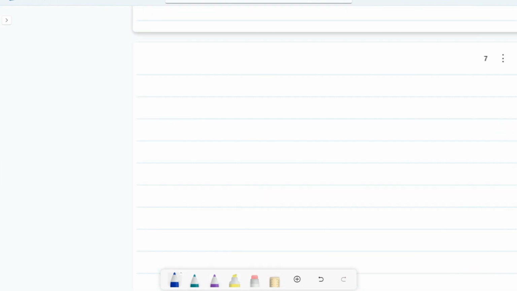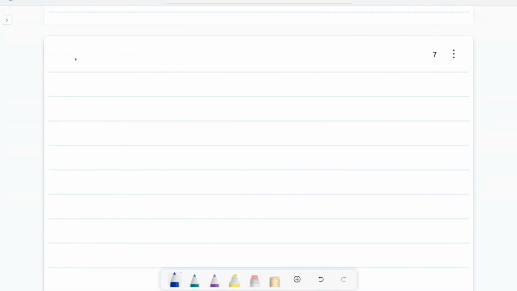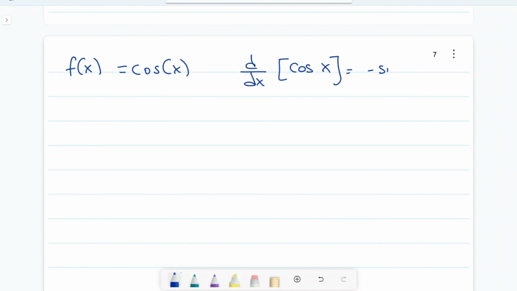Now let's move to cosine of x. So let's let f of x equal cosine of x. I will write the statement here: d/dx of cos x equals negative sine of x. This is the statement, and let us prove it right now.